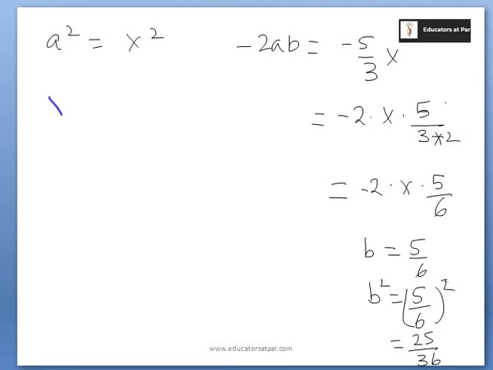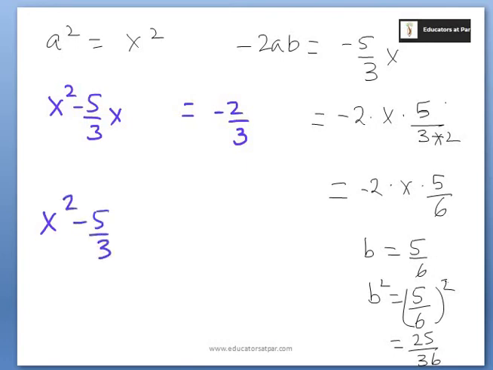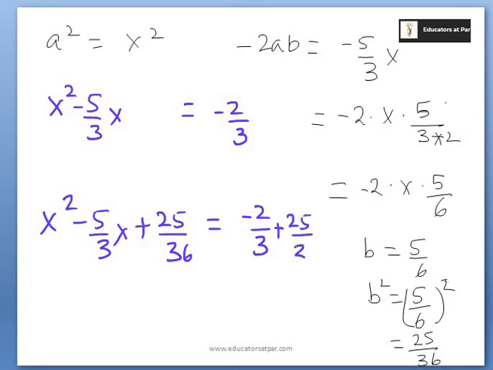Now our problem was x square minus 5 by 3x equal to negative 2 by 3. Add b square on both the sides. x square minus 5 by 3x plus 25 by 36 equal to minus 2 by 3 plus 25 by 36. Check the denominators.